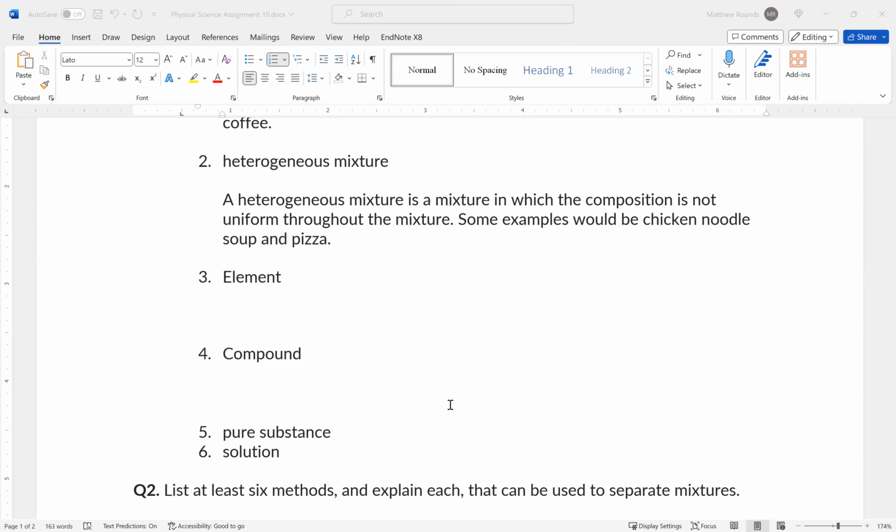Okay, there we go. Here's a definition for elements.